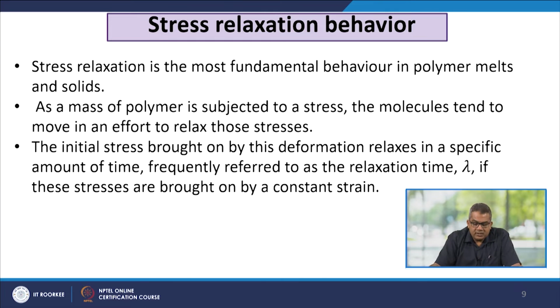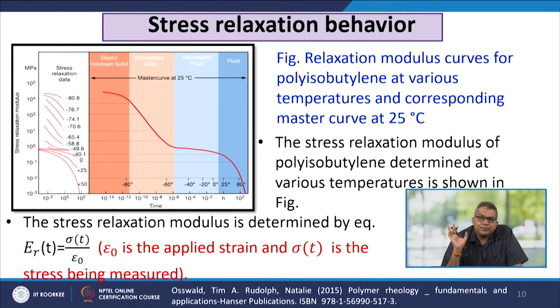Let's talk about the stress relaxation behavior. The stress relaxation is the most fundamental behavior in polymer melts and solids. Now, as a mass of polymer is subjected to a stress, the molecules tend to move in an effort to relax those stresses. The initial stress brought on by this deformation relaxes in a specific amount of time, frequently referred to as the relaxation time lambda, if these stresses are brought on by a constant strain.